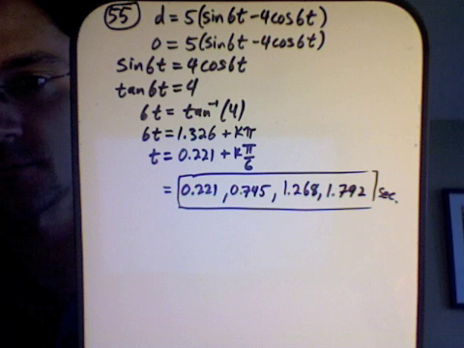So we find that 6t is the inverse tan of 4, and we can find out what that is. It's 1.326 plus any integer multiple of pi. Dividing everything by 6, we end up with 0.221 plus k times pi over 6. And these are the first 4 of those, and those are the ones that are between 0 and 2 seconds, which are the answers that they asked for.